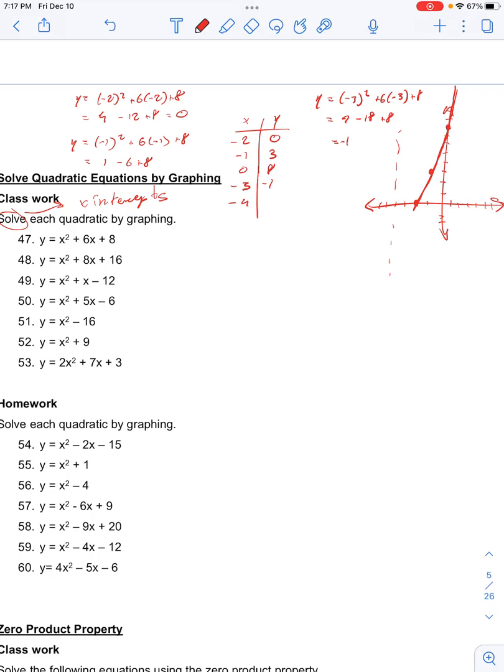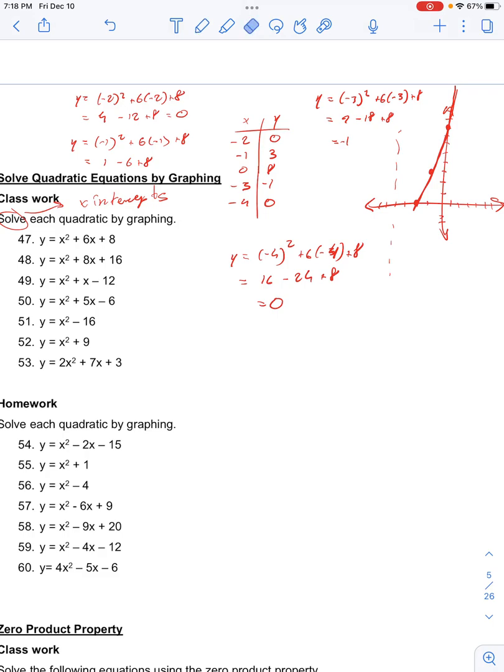And then at x equals -4, we have -4 squared plus 6 times -4 plus 8. So we'll have 16 minus 24 plus 8, which also gives us a 0. So this is our second x-intercept.